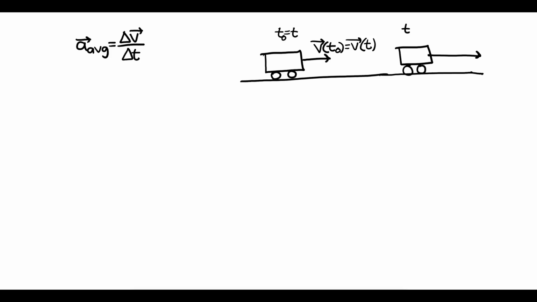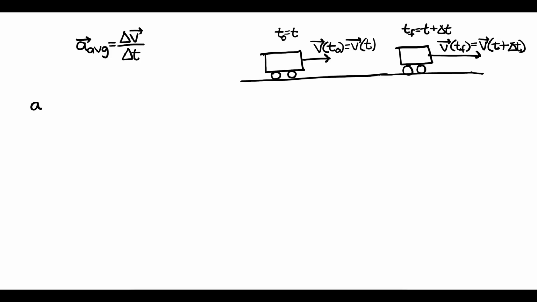So at tf equals our original time plus some interval, delta t, the velocity will be v of tf equals v of t plus delta t. We're just substituting our tf, our final time, into the expression. What this basically means is that in a short time interval delta t, our velocity has changed by some amount.